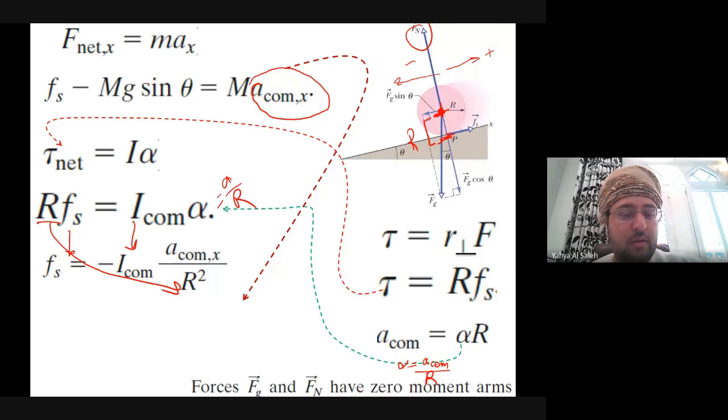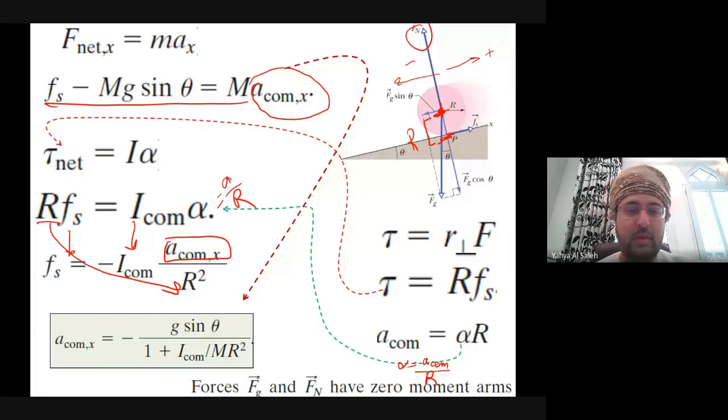Okay, remember I'm only saying ACOM here, so ACOM involves all of this, but in the torque there is no mg sine theta. I end up with ACOM equals minus g sine theta over 1 plus ICOM over mr squared. I'll do it one more time so that we get it.